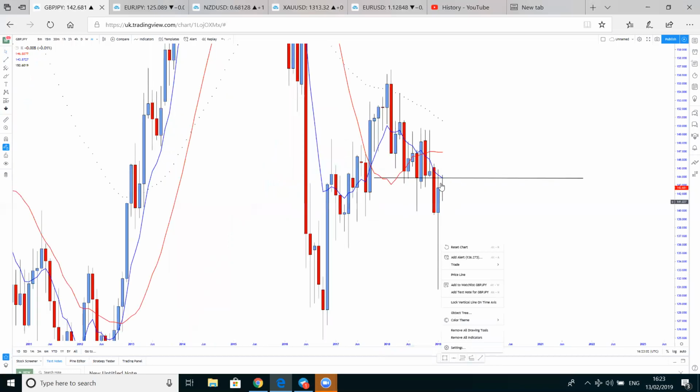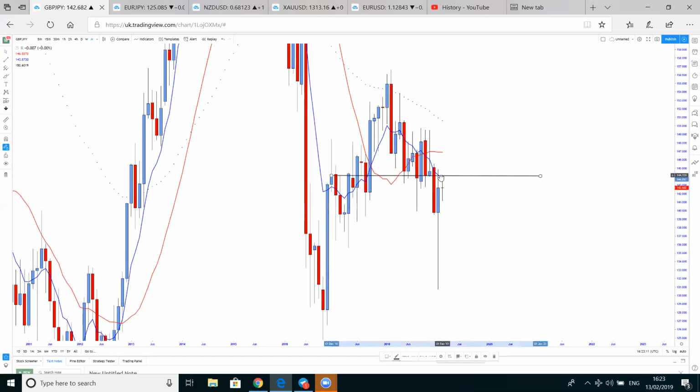Now, I've selected this specific area because of the median of the price action, because there's a lot of choppiness there.